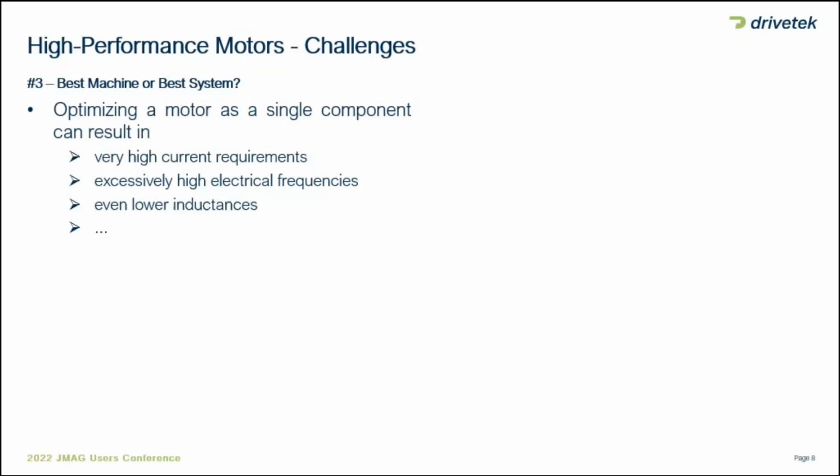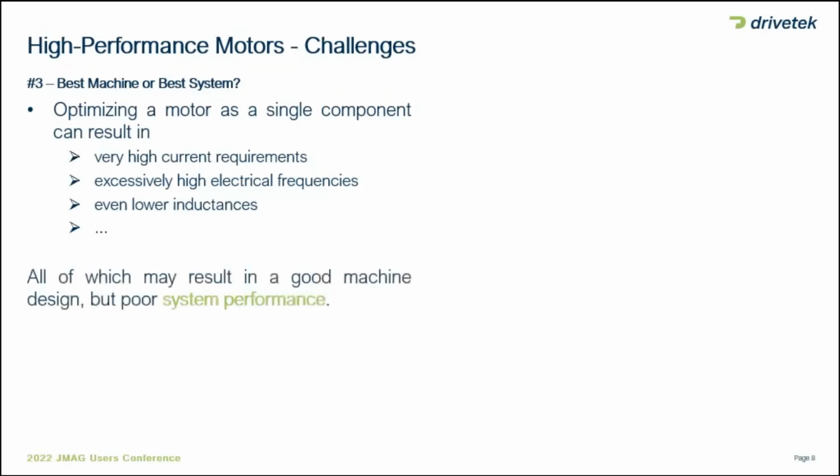And it usually results in even lower inductances. This may result in very good machine performance when viewed in isolation, but very poor system performance if you consider additional components such as the inverter, the battery, the gearbox, and so on.